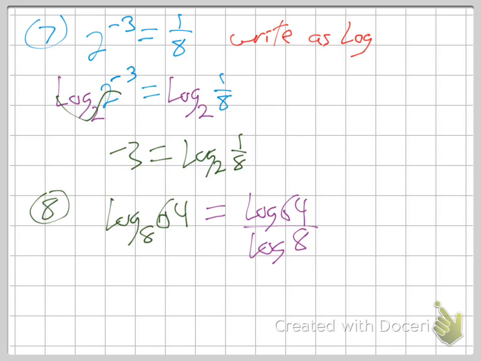But for now, the one that's on the top goes to the top. Make it 2 logs. The answer should come out 2. Are you getting 2 okay? So just type that in. When you have 2 numbers like that, you make it into 2 separate logs. Make sure you close the parentheses on the top and the bottom before you hit equals, and you should get the answer.